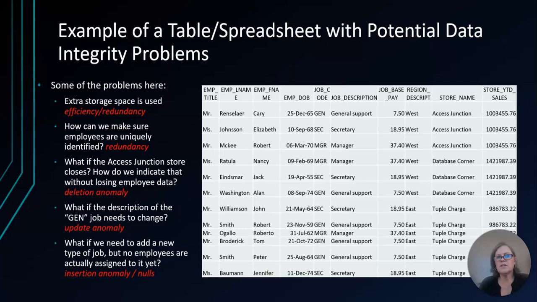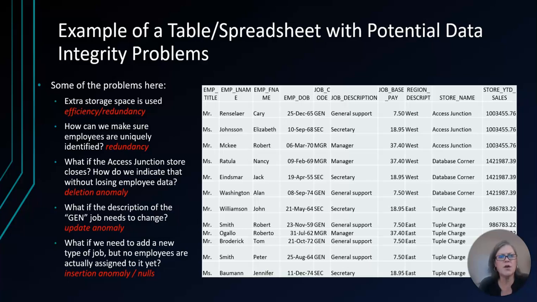All right, so let's look at another example here and talk about some of the issues that come up. To motivate, why would we use a database as opposed to, say, just a spreadsheet? So here's an example where we're trying to keep all our data in just a single spreadsheet, maybe. So it looks like one table with a lot of data in it.